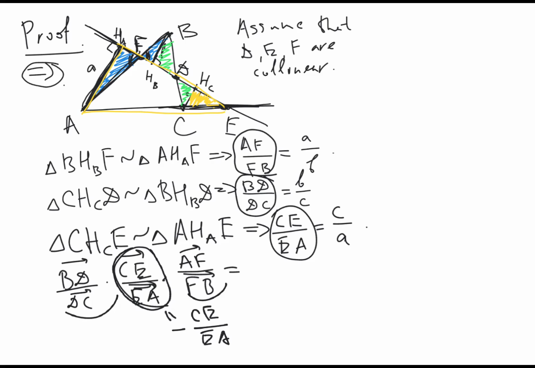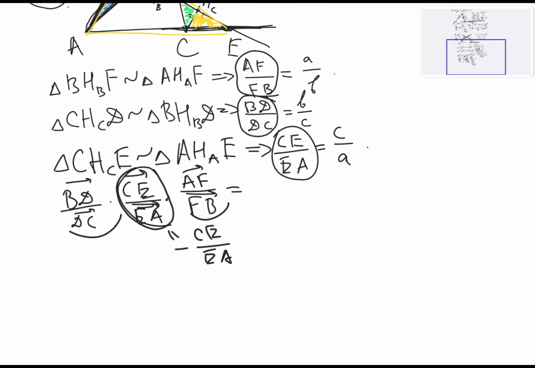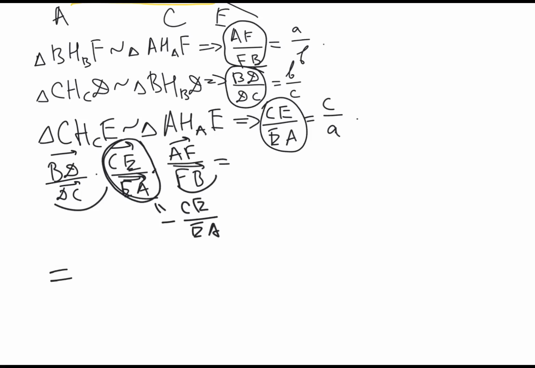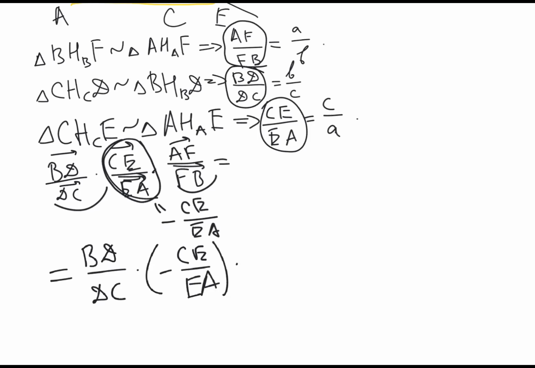so they're equal exactly to the ratio of the sides. So we can rewrite it as BD over DC multiplied by minus CE over EA multiplied by AF over FB.